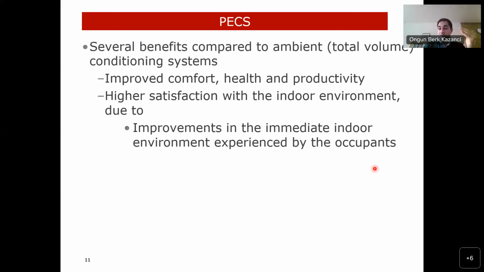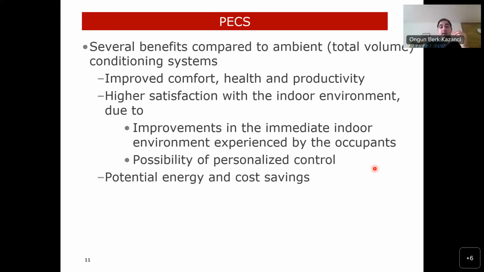So, for example, temperatures could be more comfortable, or air movement could be more comfortable. And also because of this personalized control effect, both physically and psychologically, that people actually have control over their surroundings. When they're implemented right, there's potential for energy and cost savings as well.